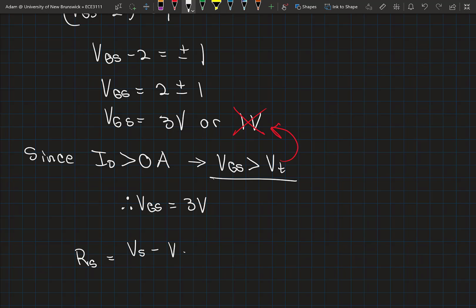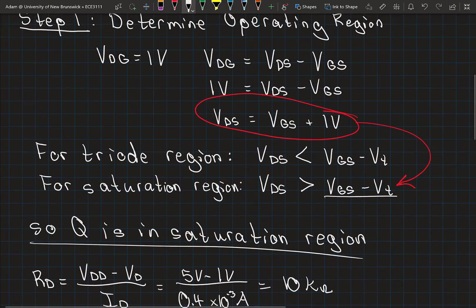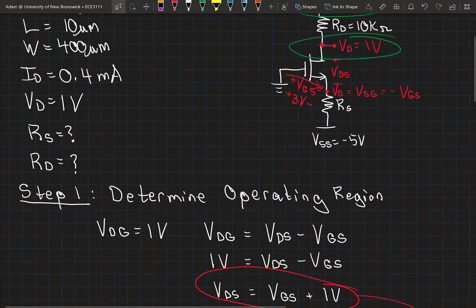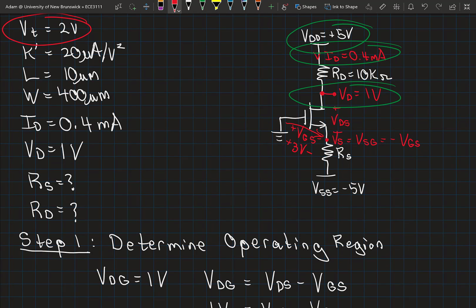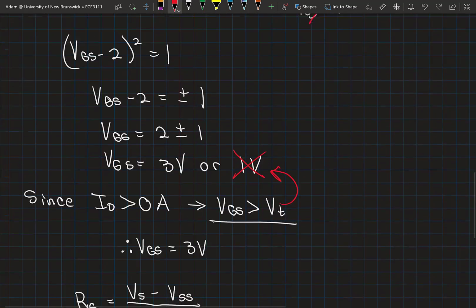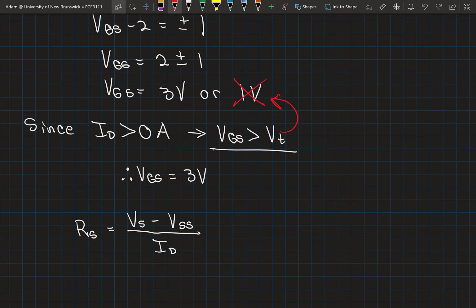I know my voltage at the bottom of the source resistor is the power supply, the minus 5 volt power supply. So that divided by the drain current. Why the drain current? Because we have a MOSFET here, and a MOSFET has the same current in both the drain and the source because we have no current flowing into the gate. So the drain current is equal to the source current.